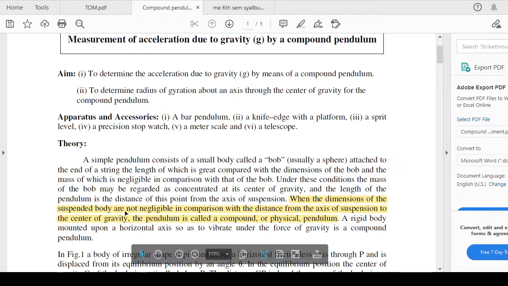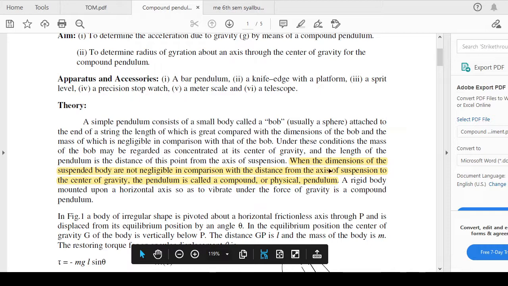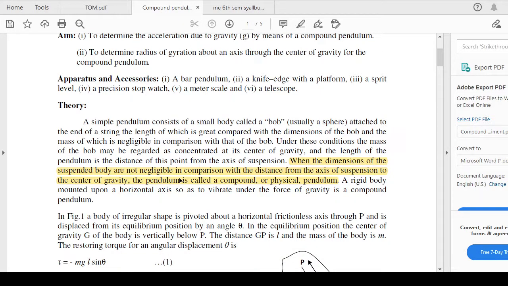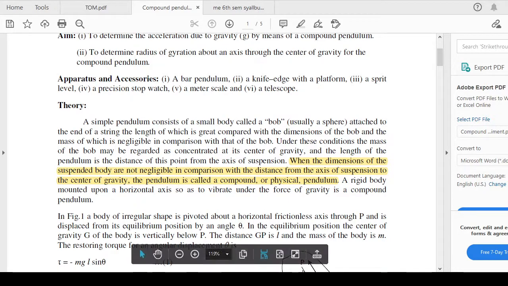The length of the pendulum is the distance of this point from the axis of suspension. When the dimensions of the suspended body are not negligible in comparison with the distance from the axis of suspension to the center of gravity, that pendulum is called a compound pendulum or physical pendulum.